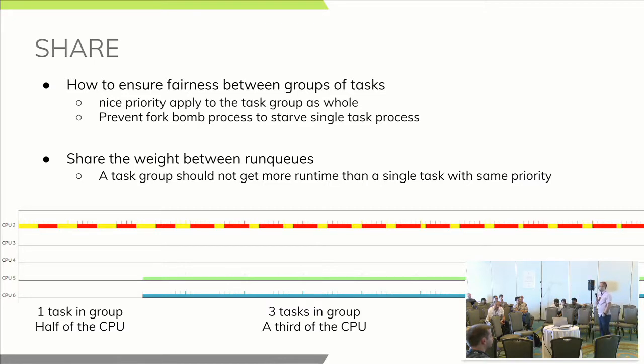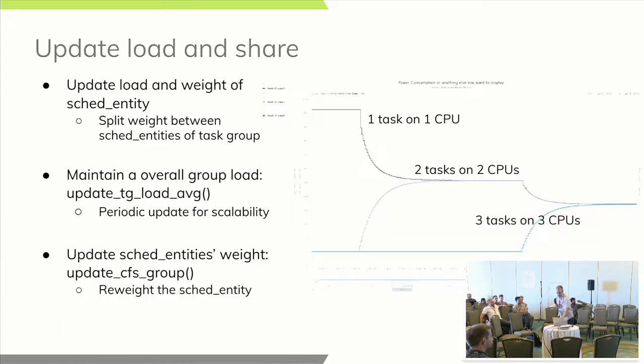So that's how this is working. And the main difficulty is how to share the weight between these groups. Why should that be 1/3? In this case, it's quite simple because we have 3 tasks on 3 different CPUs. 1/3 is quite easy. The difficulty comes when you have 100 of tasks with different priority in the same C group.